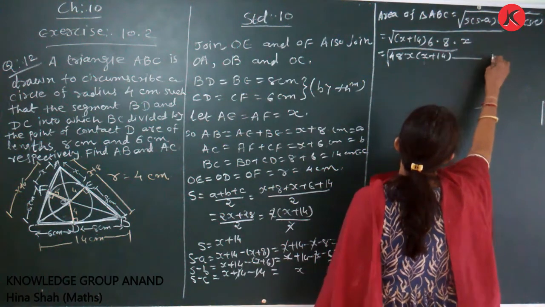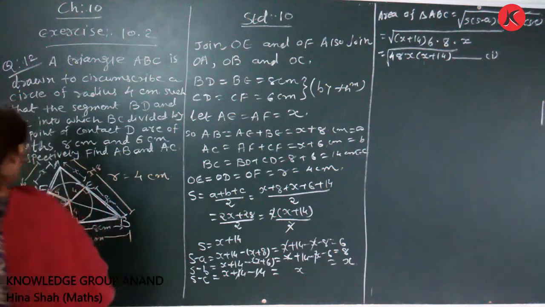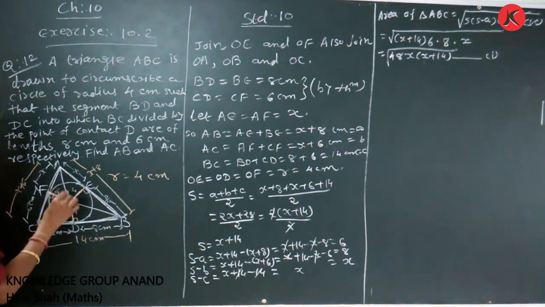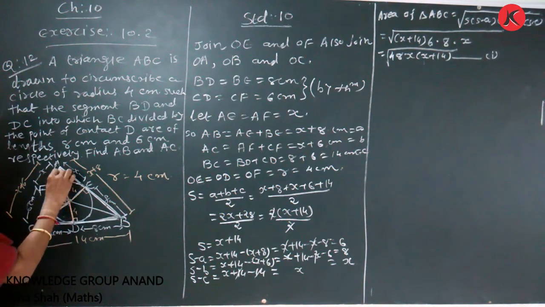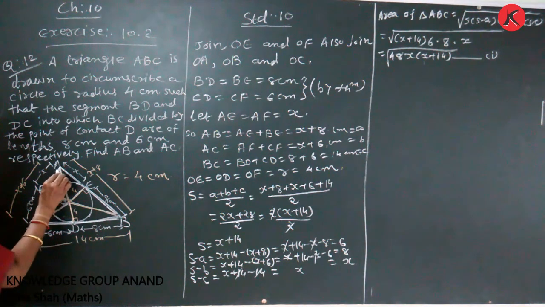Here, result number 1. Now, area of triangle ABC is equal to area of triangle AOC plus AOB plus BOC. Here it is a sum of this triangle, this triangle and this triangle.